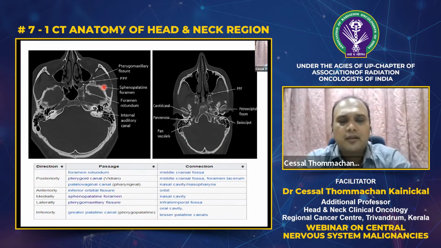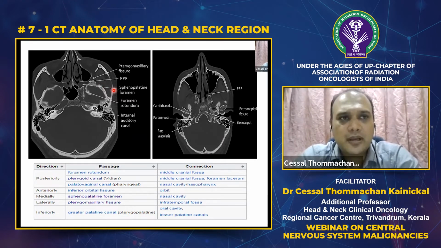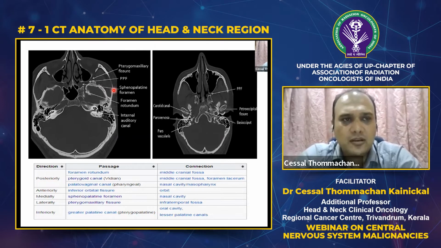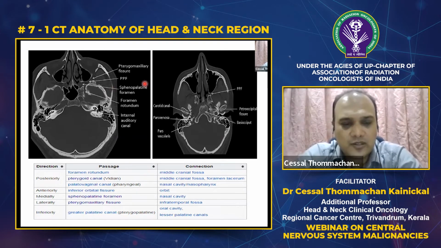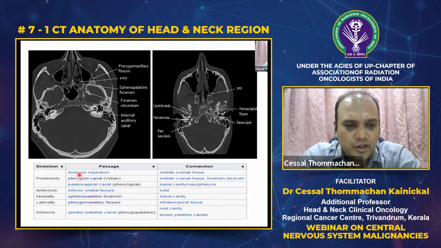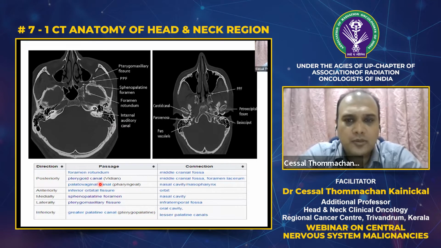Okay, so we have done the pterygopalatine fossa, and then you have done the base of skull. We now clearly know what the cavernous sinus is, what the structures in the cavernous sinus are, and the connections of the pterygopalatine fossa. You have 3 connections posteriorly that I have already mentioned to you. Then anteriorly, I have mentioned the inferior orbital fissure.